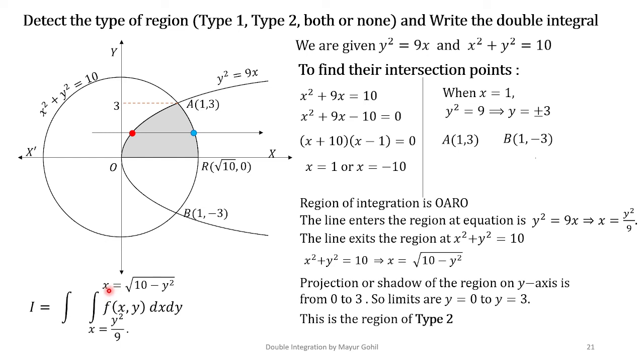Here y equals 0 to y equals 3 are the projection limits, so they will be the outer limits. So our double integral is ready.